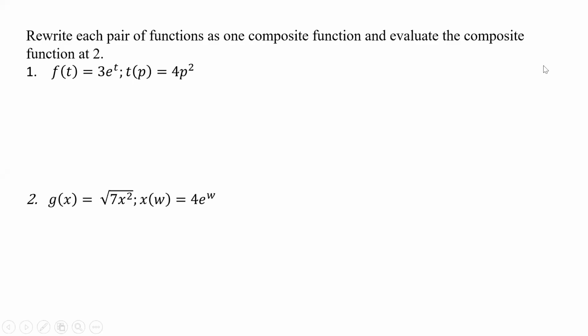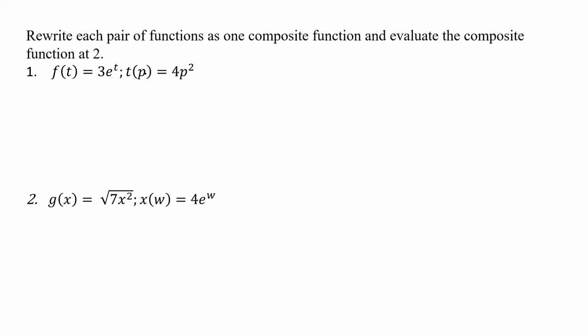All right, so here we're going to rewrite each pair of functions as one composite function, and then we're going to evaluate the composite function at 2. So what we have to look at is what do we have? Here we have f of t is equal to 3e to the t, and here we have t of p is equal to 4p squared.